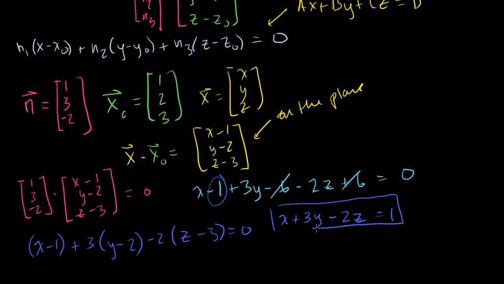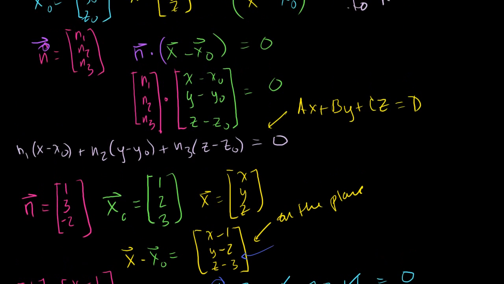And there you have it. Just by using the simple fact that this is a point on the plane and this is a normal vector, I was able to use the idea that the normal's dot product with any vector that lies on the plane has to be 0. I was able to get this right here. I didn't have to go through this whole business.